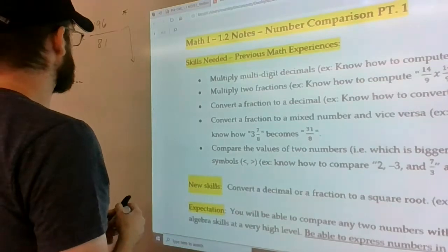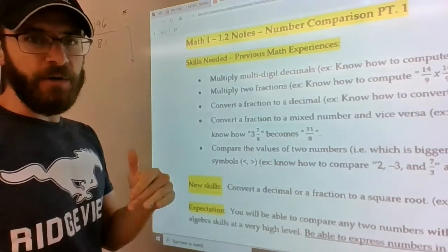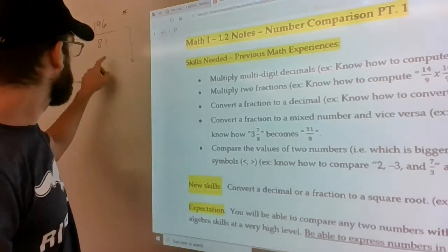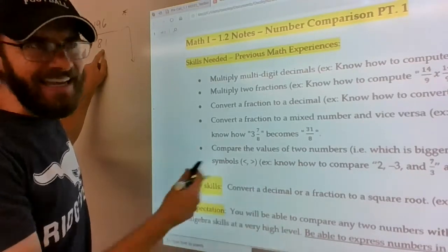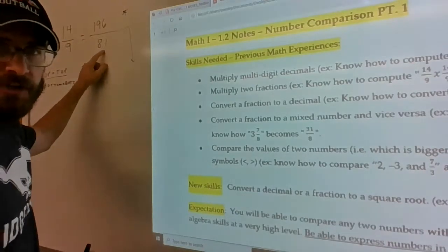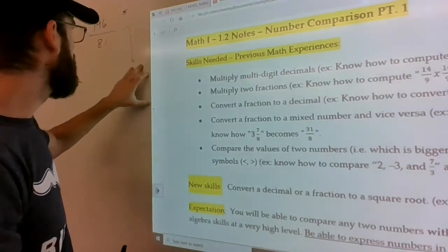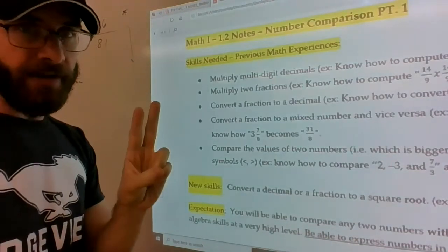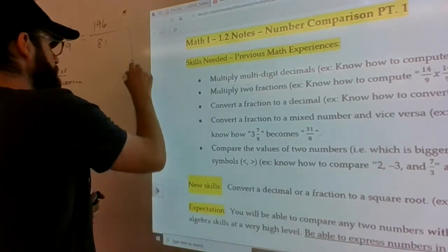So we would ask ourselves, how many times does 81 go into 196? So do an estimate first. 80, what's double 80? It's 160, right? And then there's one extra, so it'd be 162. All right, so 81 goes into 196 at least twice because it goes up to 162.